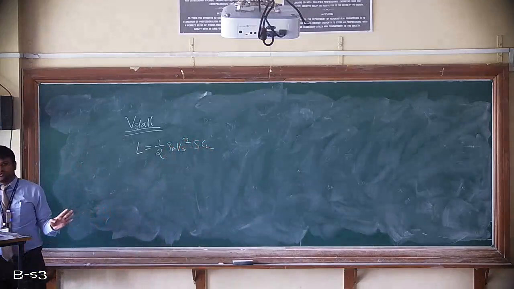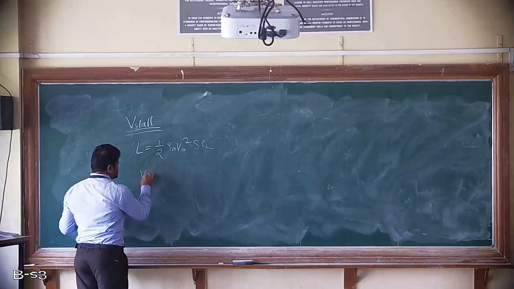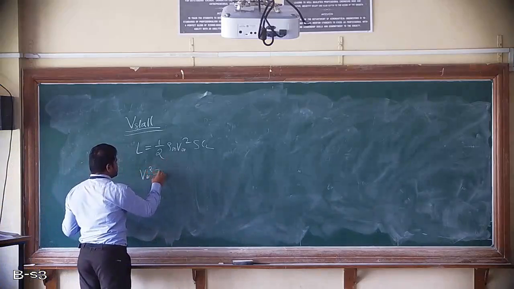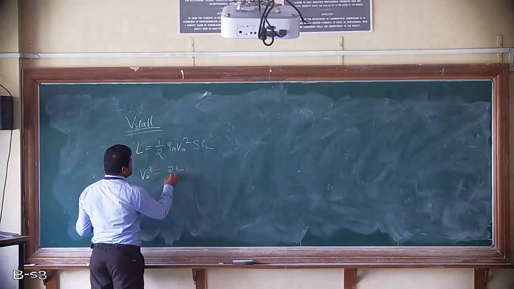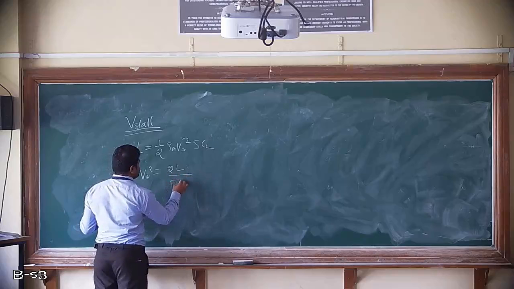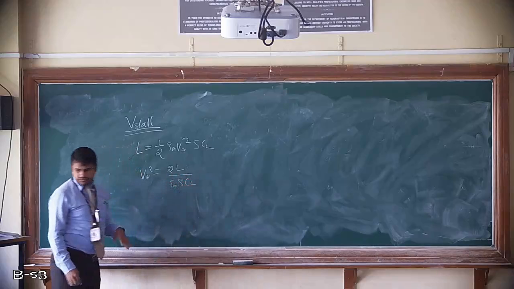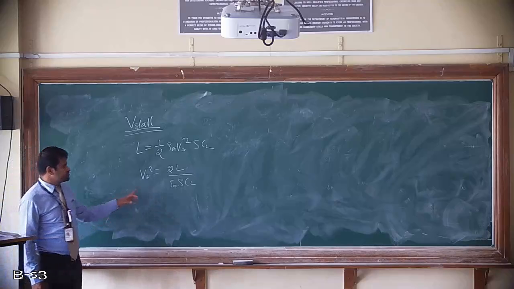So this is the expression for lift. Yes or no? Now from this we can find out V infinity square. V infinity square will be equal to 2L divided by rho infinity S CL. This is the expression for V infinity square.